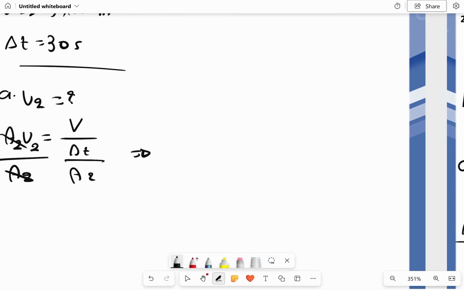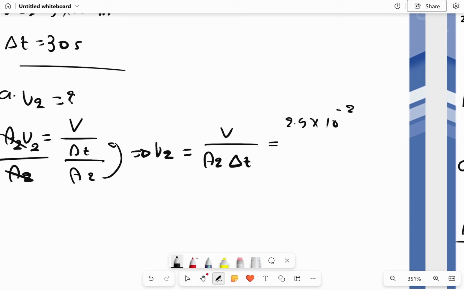Then from this equation we get V2, which is equal to volume divided by A2 multiplied by delta T. Then volume is equal to 2.5 times 10 to the power of minus 2, divided by area, which is equal to pi r squared. So I can write pi multiplied by r is equal to what?